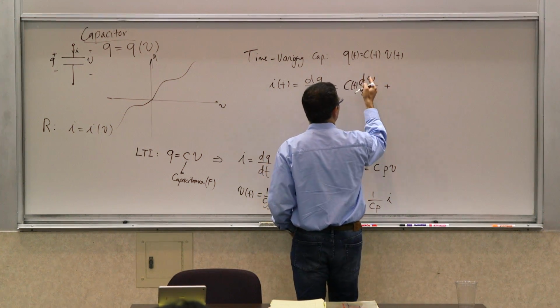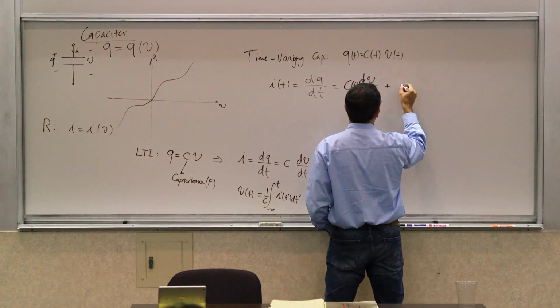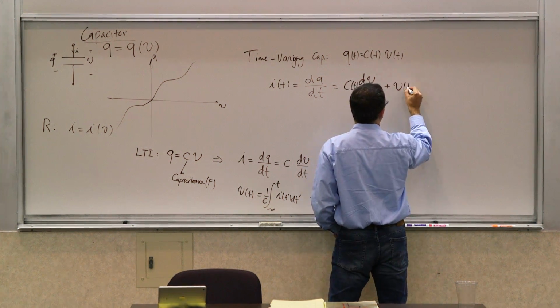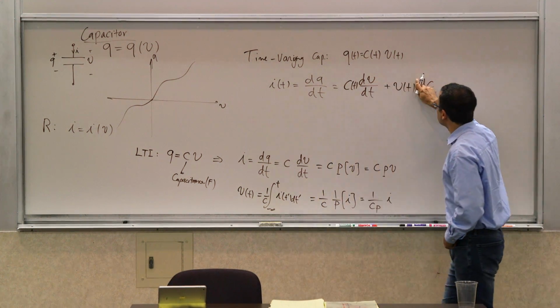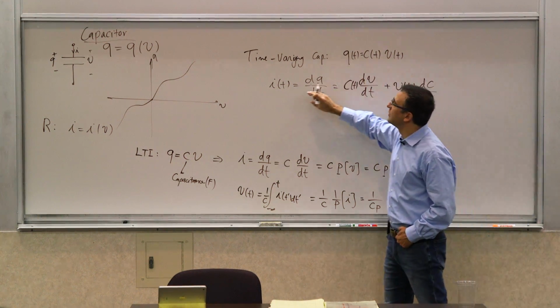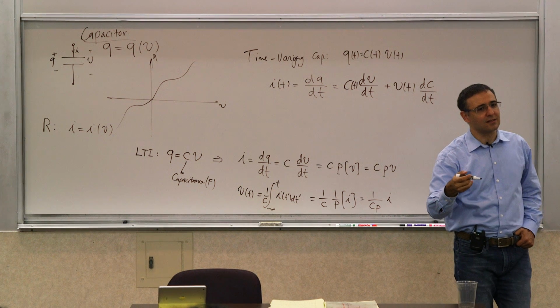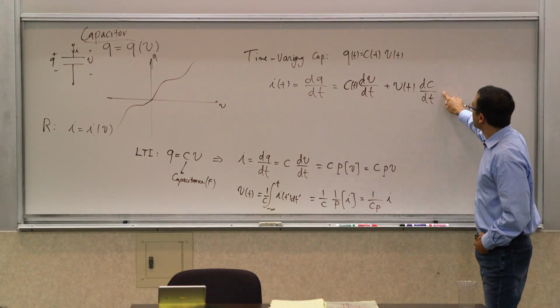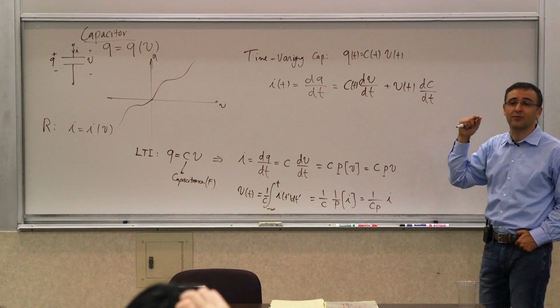But there's a second term, which comes from the derivative of the product, which is V of t dC dt. So you can see that actually the rate of change of capacitance will also play a role in the current. So if you are given a time-varying capacitor, you will have a second term in your current, which you have to take into account.